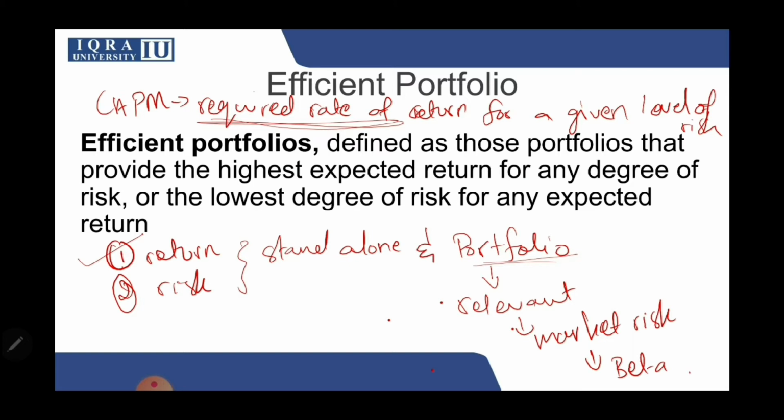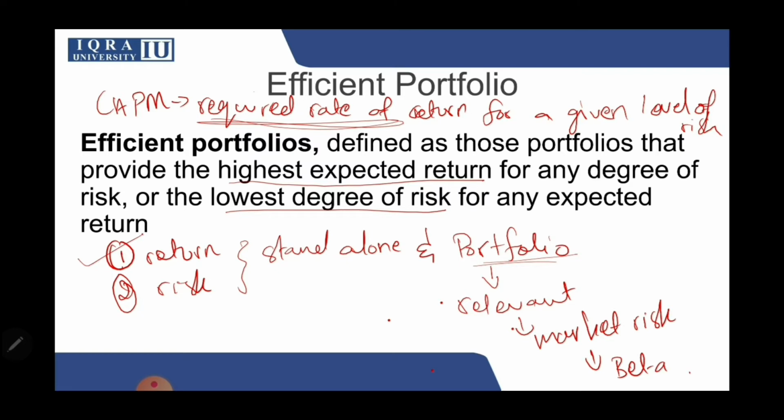Now you can form so many unlimited portfolios by using different combinations of stocks each time. The question is which combination of stocks is the best option. For that, we have the efficient portfolios, which are defined as those portfolios that provide the highest expected return for any degree of risk or the lowest degree of risk for any expected return.